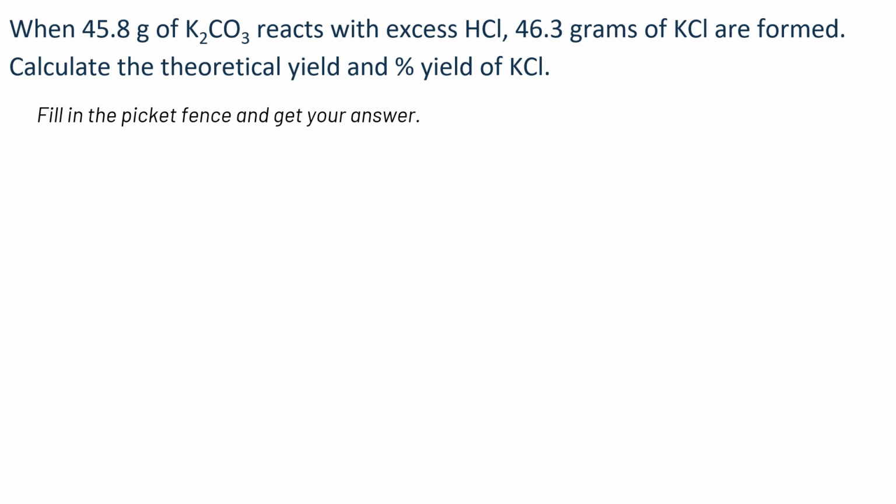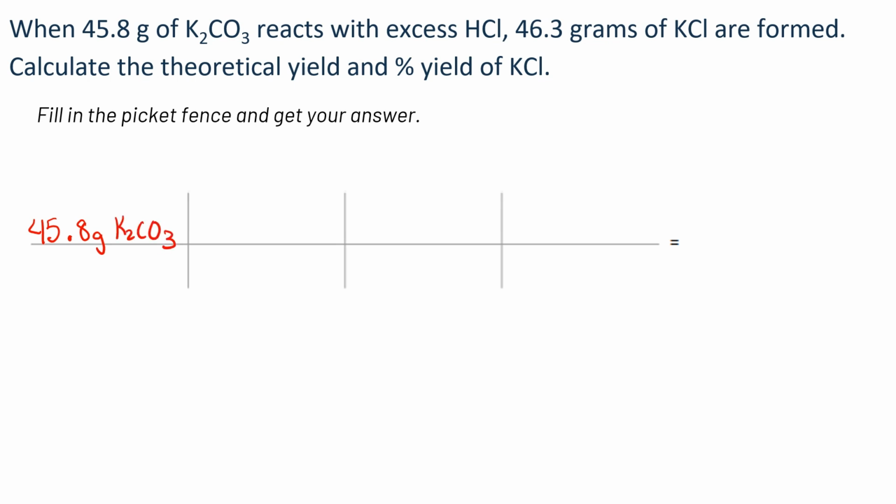Okay, so let's fill in our picket fence. So I'm going to start with my grams of potassium carbonate, which is going to be 45.8 grams of potassium carbonate. Remember that I'm solving for grams of potassium chloride.